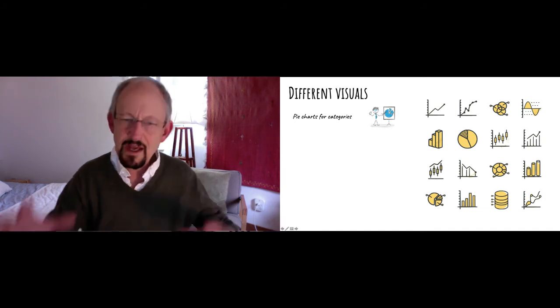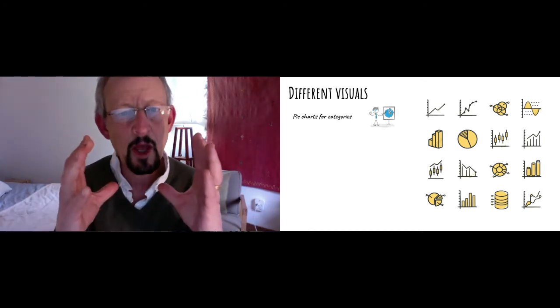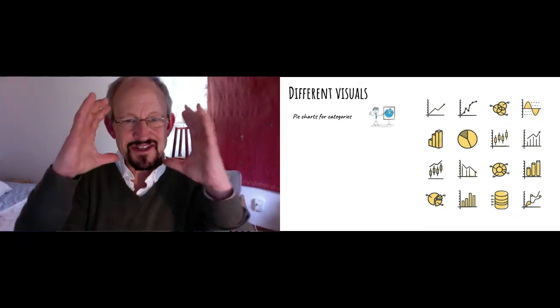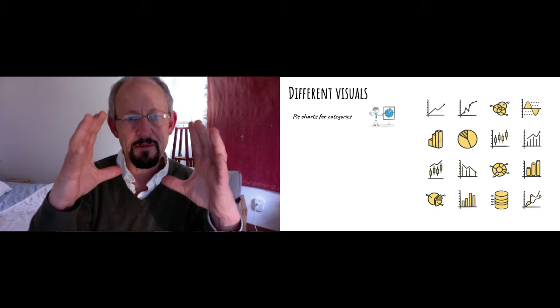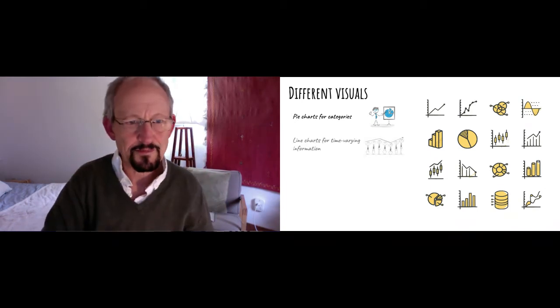Okay, so that gives you a snapshot of where that child is, and that's very helpful for seeing the proportions of things. Okay, but that's a static representation. There's no time information in that pie chart, so that's one of the limitations.